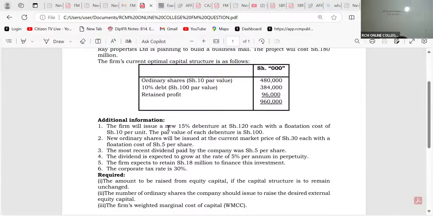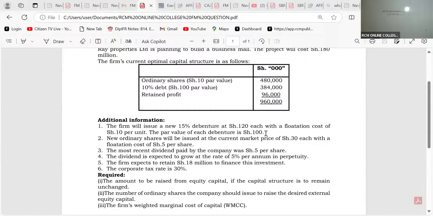Now, what kind of debt do we have here? The firm will issue a new 15% debenture at 120 each, with a flotation cost of sh10 per unit. The par value of each debenture is shillings 100. So what type of debt is this?